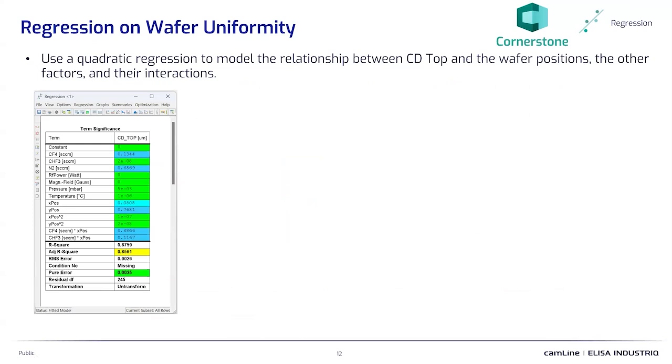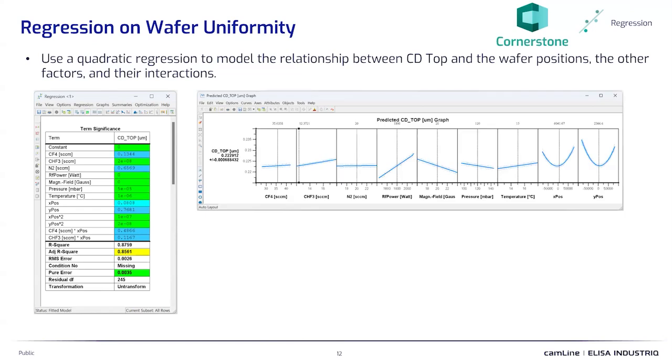Then I fit a quadratic regression to model the relationship between CD top and the predictors, and you can see that the model can get more complicated here. In Cornerstone, you can also open the predictive response graph to help you see how the predictors affect the response individually.